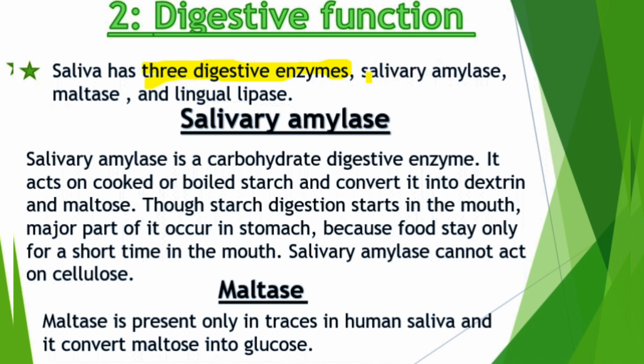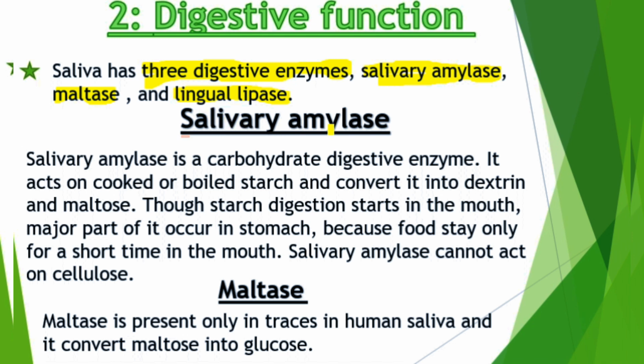Namely salivary amylase, which is a digestive enzyme present in the saliva; the second one, maltase; and the third one, lingual lipase. We will discuss each enzyme in detail: what digestive function is performed by each enzyme.